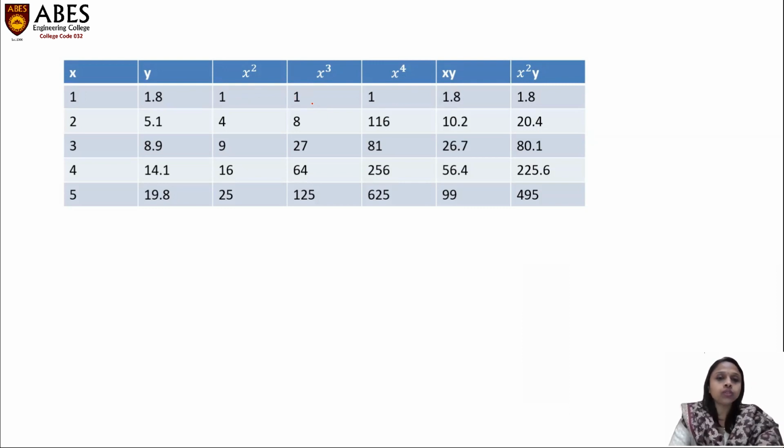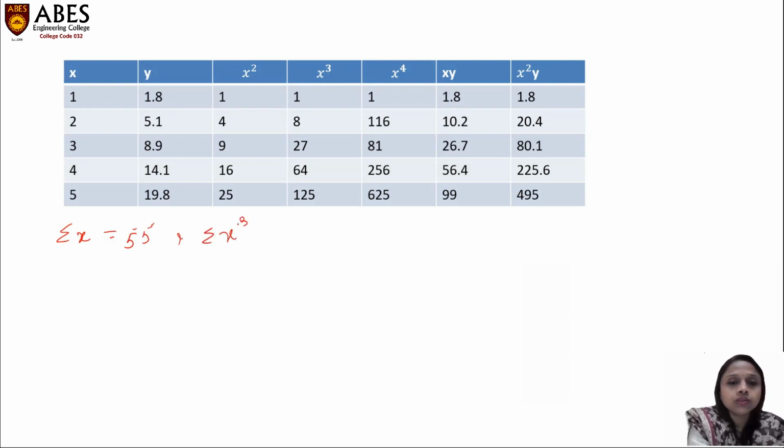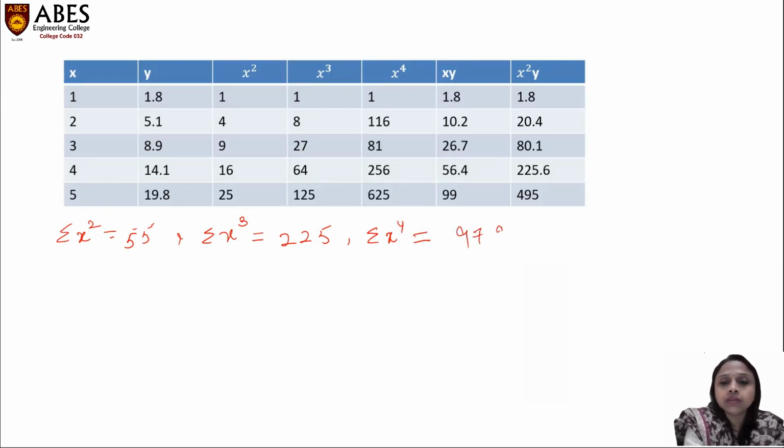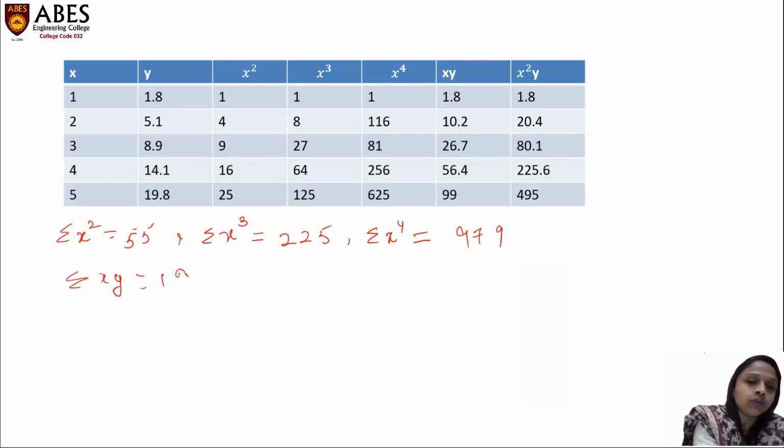On finding these values, summation of x square will take the value 55, summation of x cube will take the value 225, summation x to the power 4 will take the value 979, summation of xy will take the value 194.1, and summation of x square y will take the value 822.9.